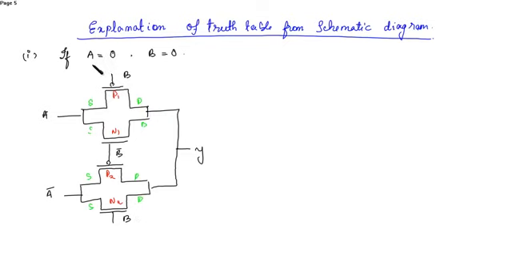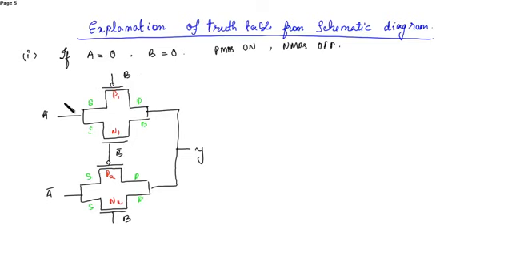Now when A is 0, then certainly the PMOS will turn on and NMOS will turn off for both the cases.